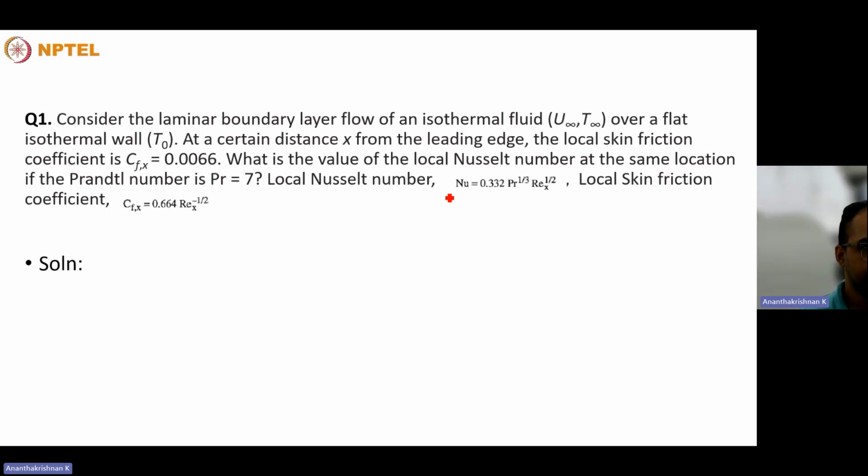Local Nusselt number is given by this equation based on the Blasius solutions, and the skin friction coefficient is given as Cfx equal to 0.664 Rex raised to -1/2. This is obtained from the Blasius solution taken from the text. Using these two equations, we need to find the value of the local Nusselt number if the Prandtl number equals 7.